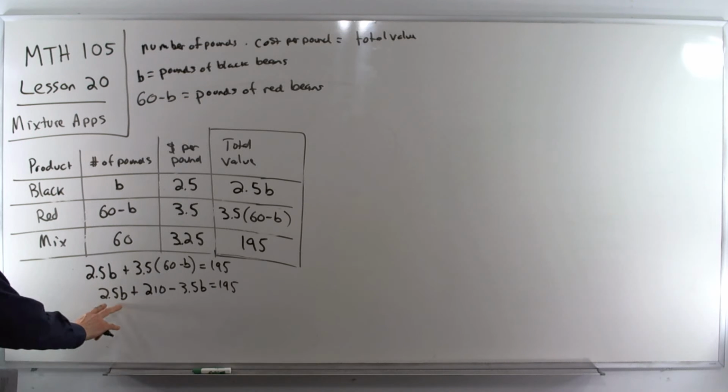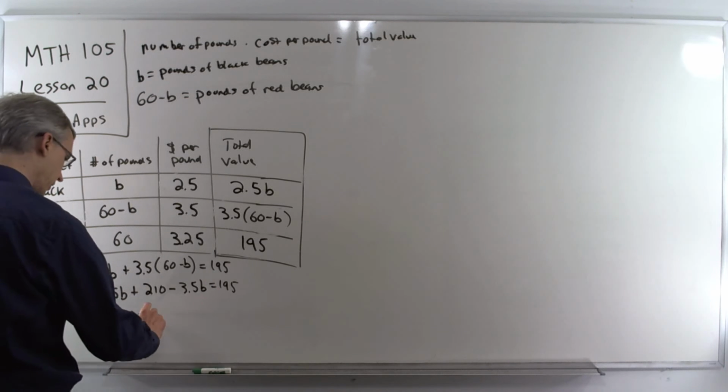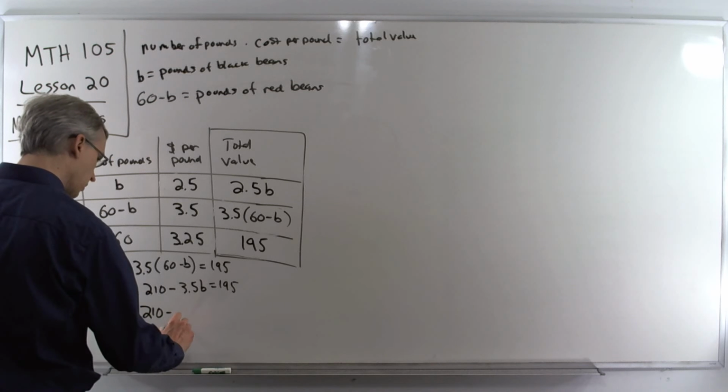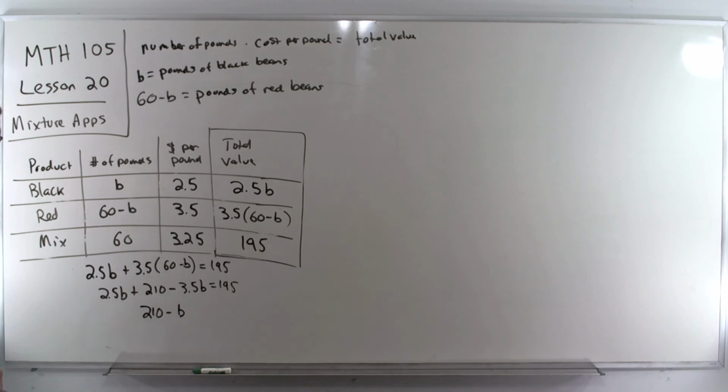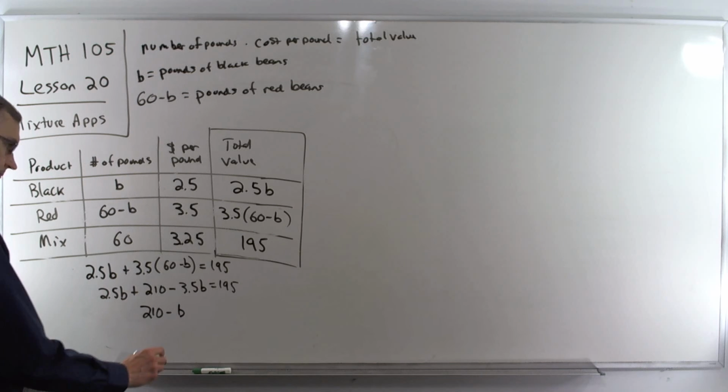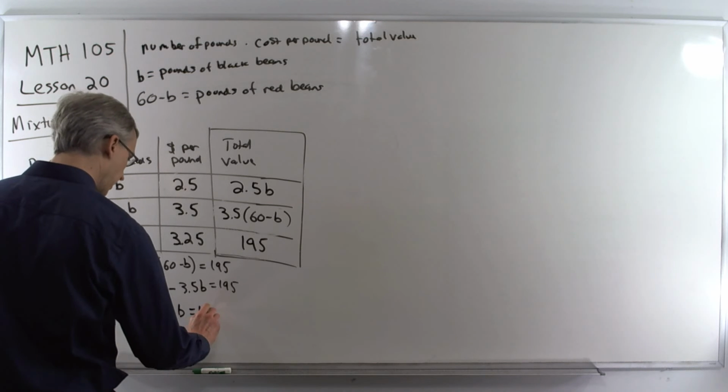Now combine 2.5B minus 3.5B. So that's negative 1B, so 210 minus B equals 195.